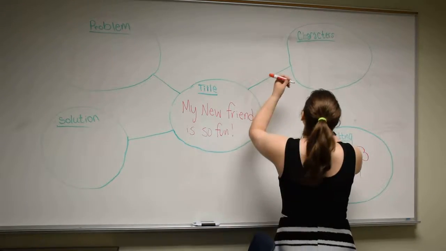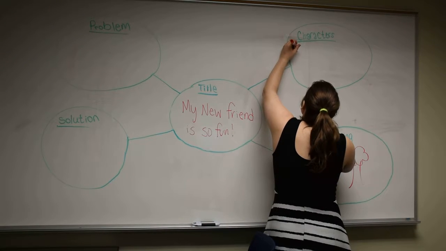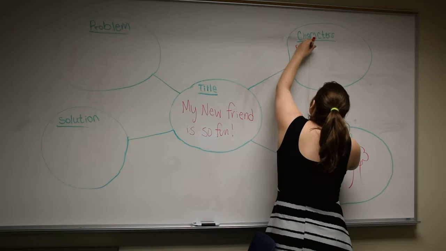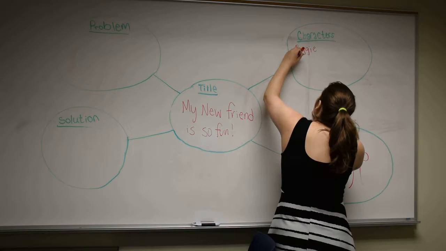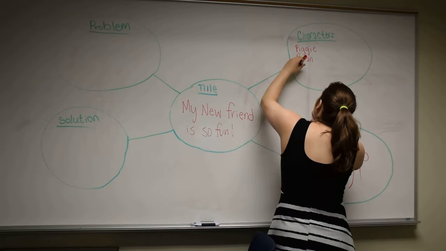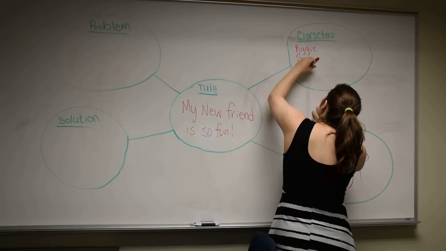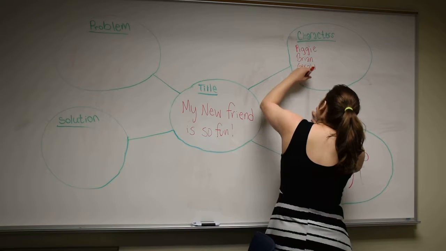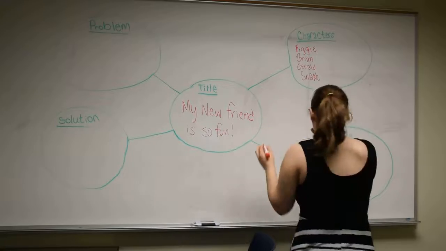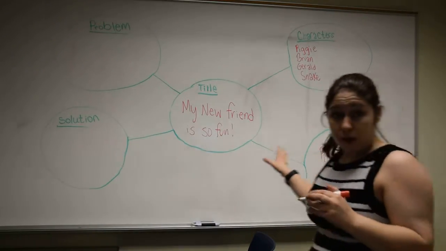So let's say I'm going to put it here. We have Piggy, Brian the Bat, Gerald, and Snake. Okay. Those are the fairly simple parts of the story.